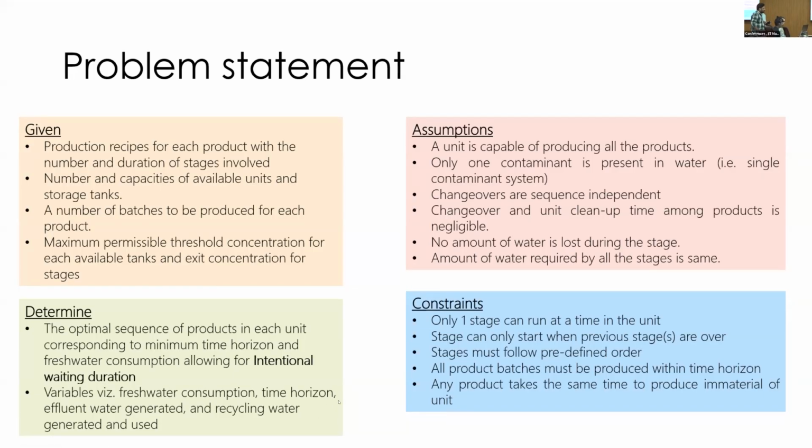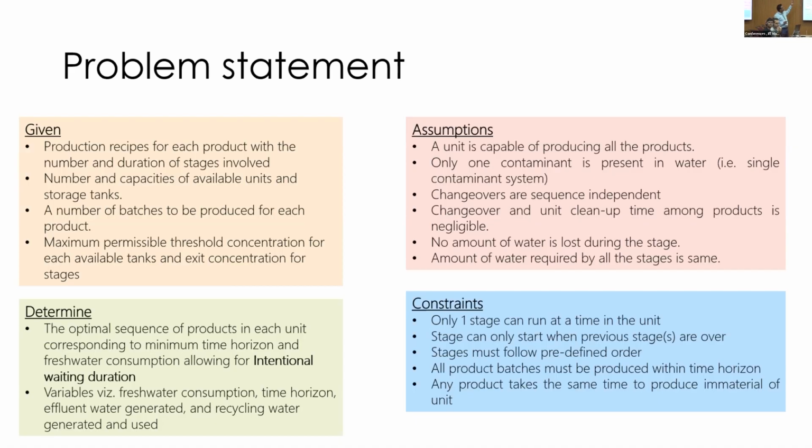Given the production recipes, the number and capacities of available units and tanks, the number of batches to be produced for each product, and the maximum permissible threshold for each available tank. So these are the 4 given quantities.